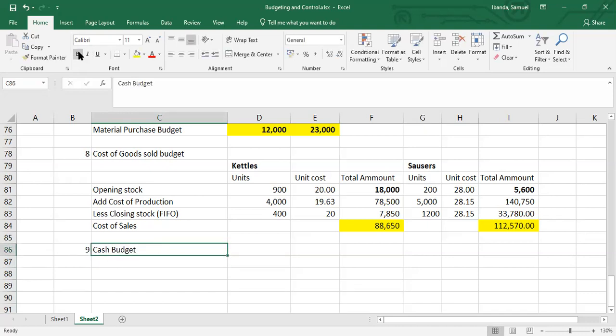Now, if you're part of the earlier class, I explained what a cash budget is. I said basically cash budget is trying to look at your cash inflow and the cash outflow.